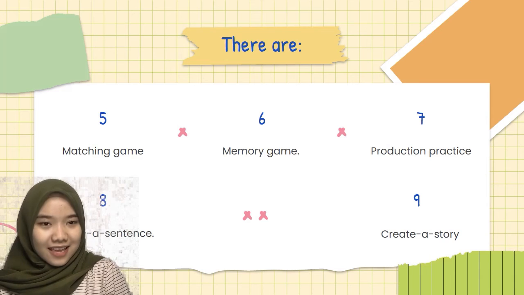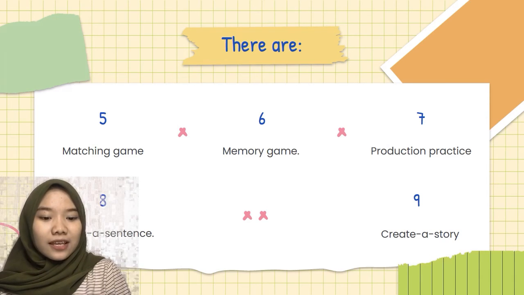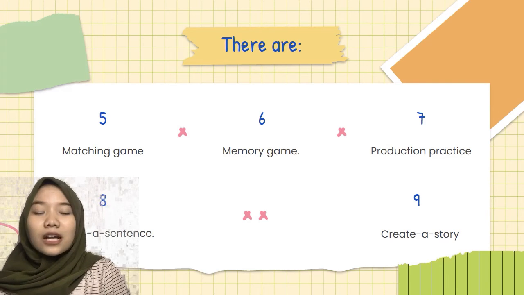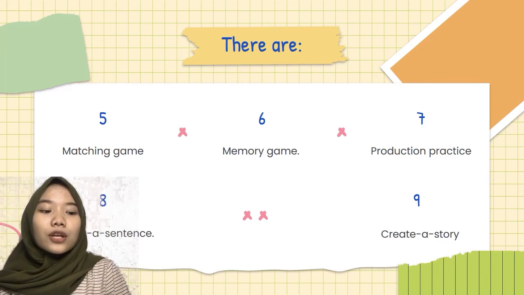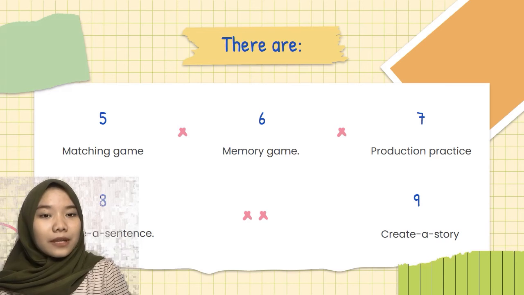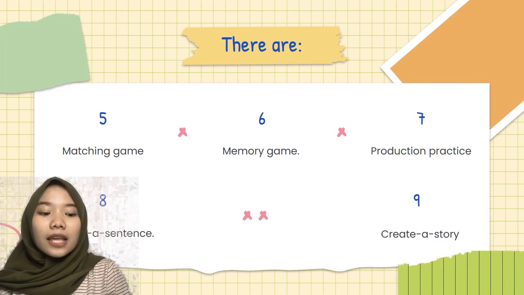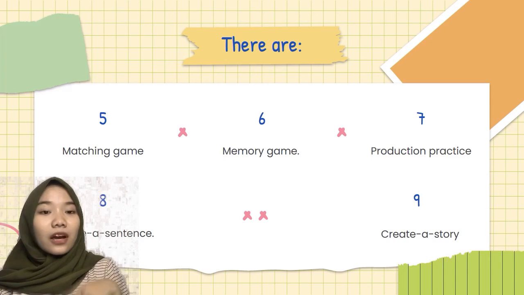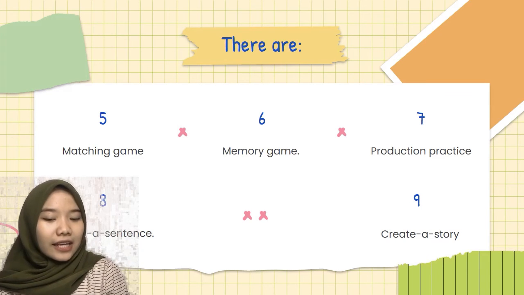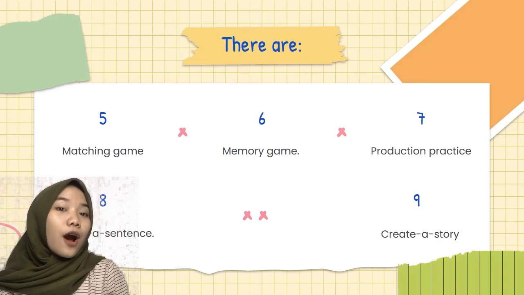And the last is create a story. Cut pairs in half, shuffle the cards and draw four to six cards. Make up a story using those cards and have the child tell it back to you. Okay? If they can, have the child make up their own story.